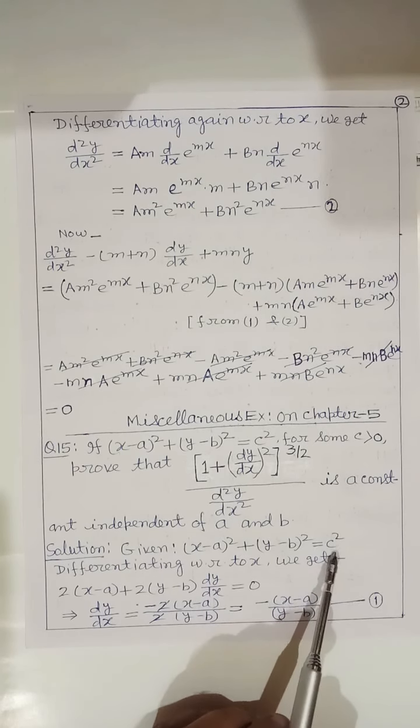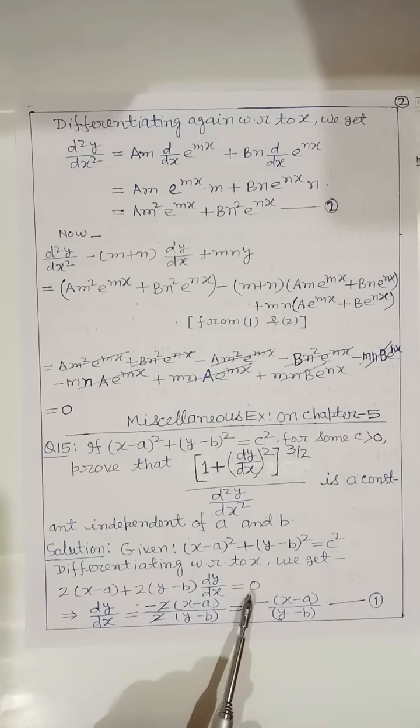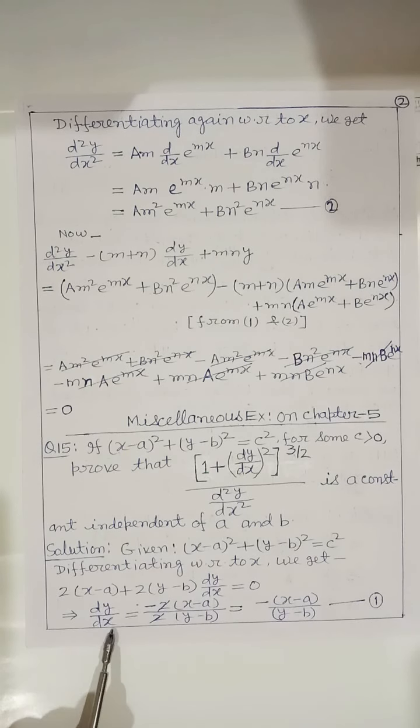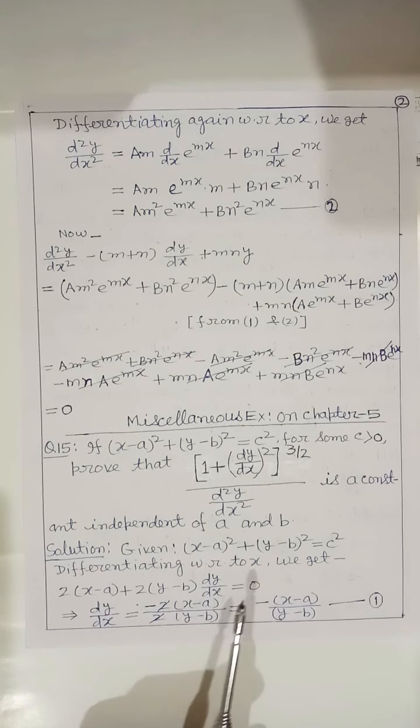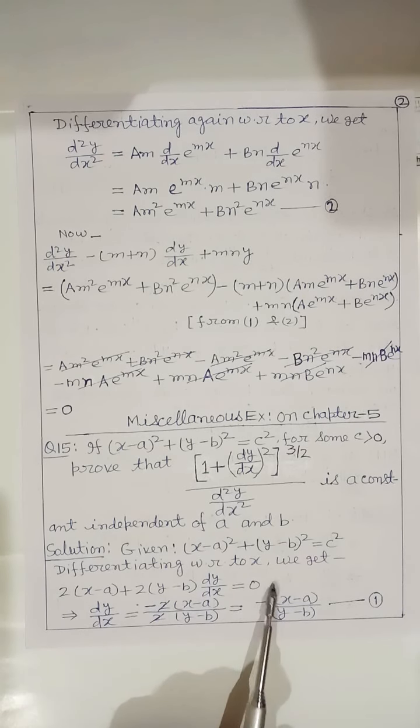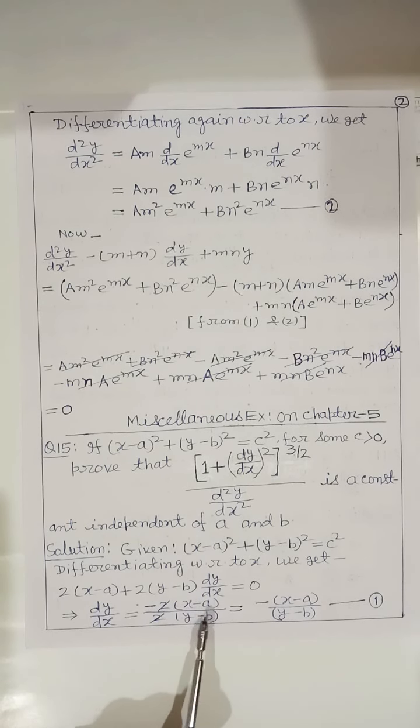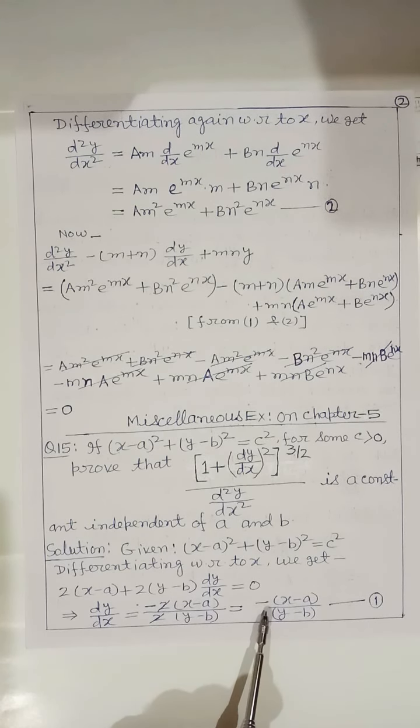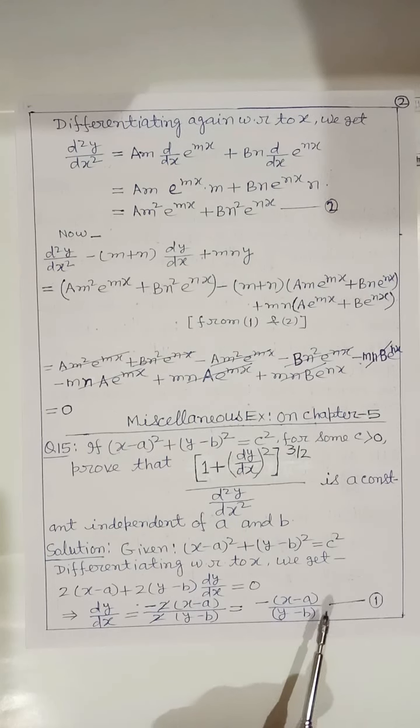Therefore dy by dx is equal to, we transfer this on right side, minus 2(x minus a) by 2(y minus b), and finally we get dy by dx equal to minus (x minus a) by (y minus b). This is taken as 1.